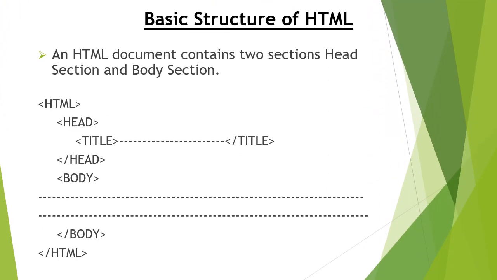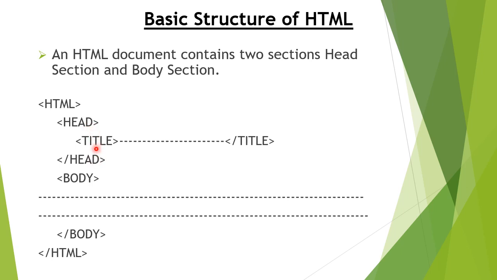First, the basic structure of HTML. This we have already discussed. Let's revise. An HTML document contains two sections. Which two sections? Head section and body section. And what is the basic structure? First tag will always be HTML, then head tag.